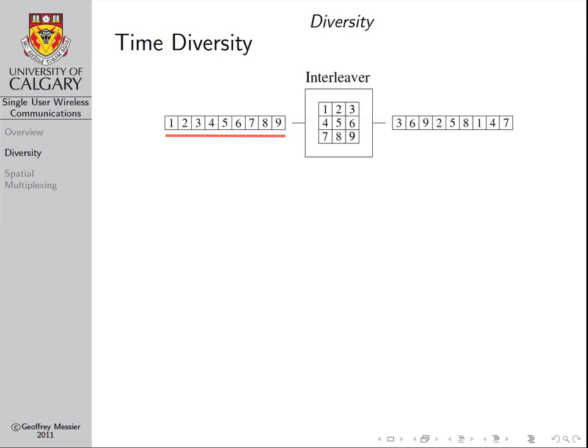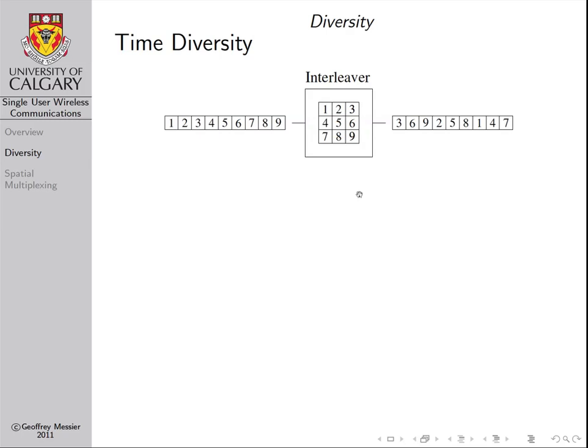There are other forms. But basically, it's a 3x3 matrix, and we read our information frame in row by row. So we read the first 3 bits into the first row, the next group of 3 into the next row, and the final group of 3 into the third row.